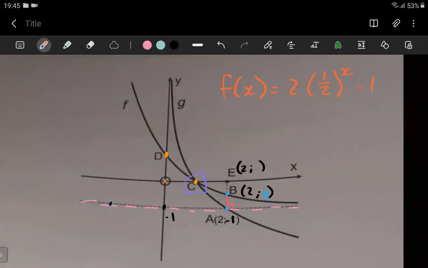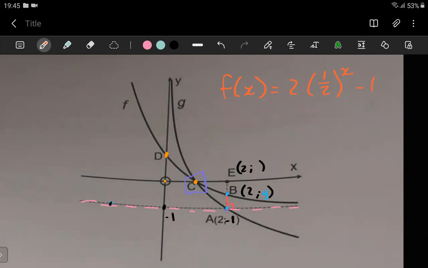Because we have the equation of f, right? Sorry, I lost you there. My Wi-Fi just cut off. I was saying, can the equation of the graph help us since we have point B? We have its x value, but we're looking for its y value. Yes, point B is on graph f. Therefore, we can use f of x.